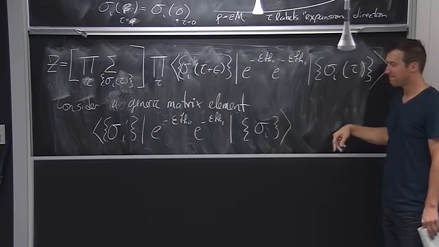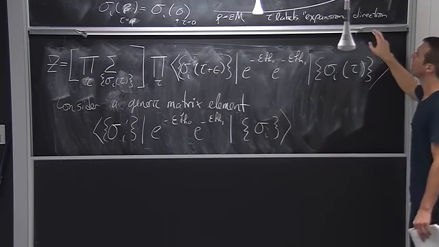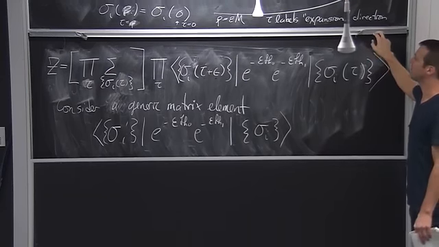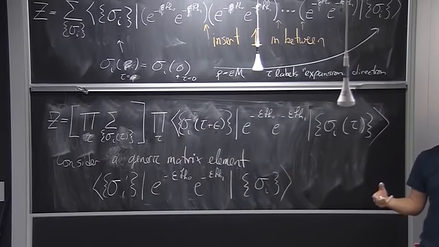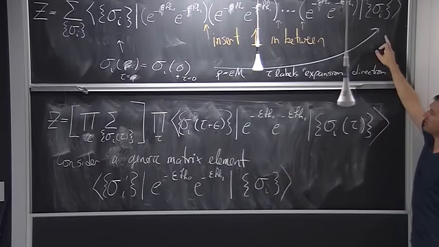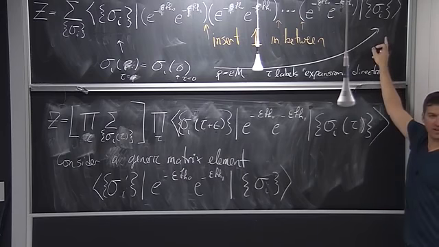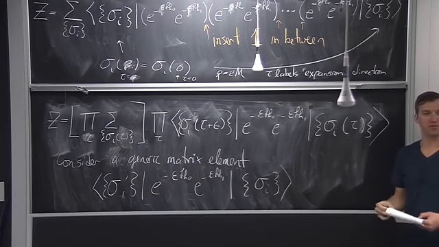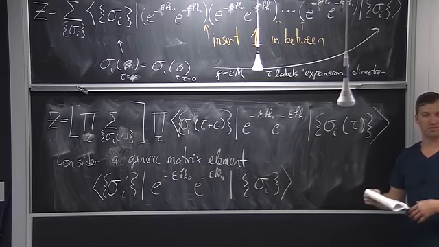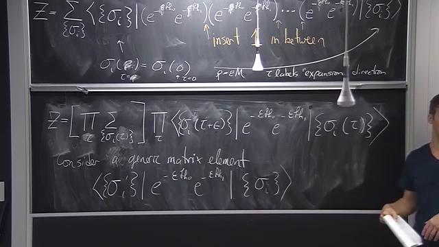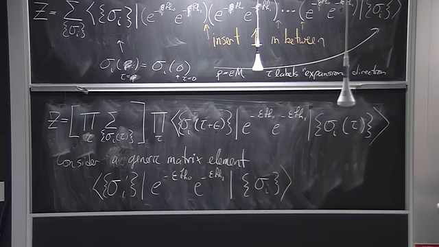You don't get the same. It depends: the trace is written as a sum over all states. So you start with sigma at tau equals 0 in any state that is an element of the trace. It could be a state with one spin flip somewhere, on site j or something like that.